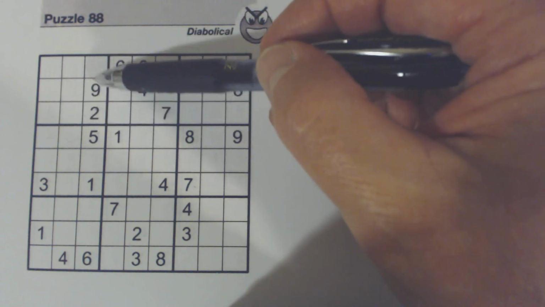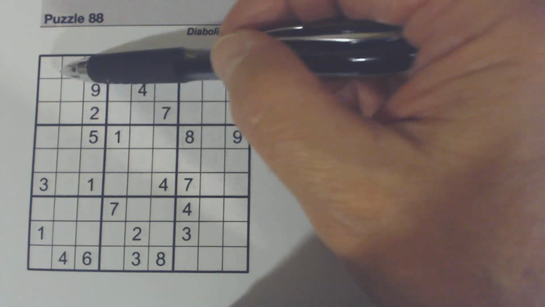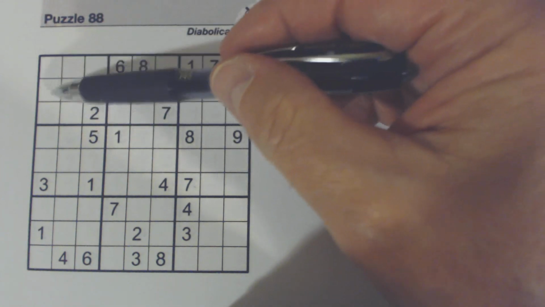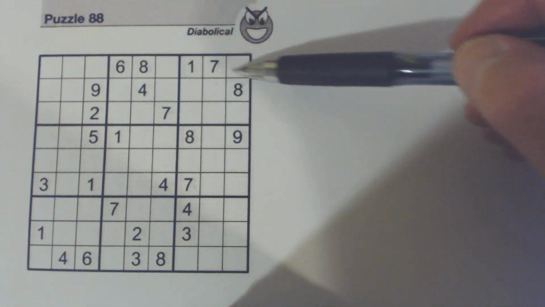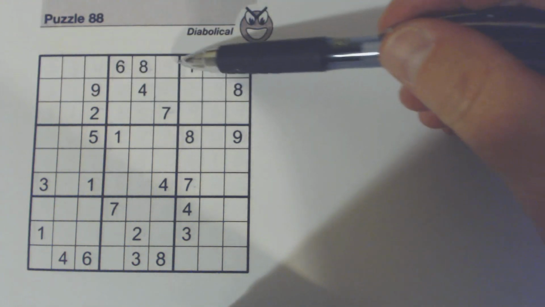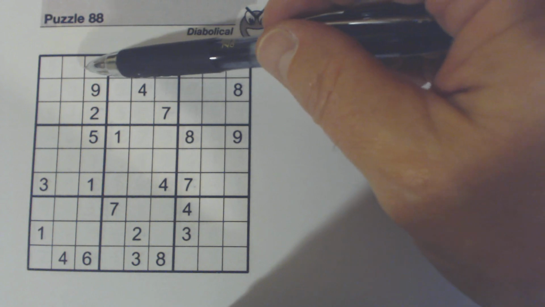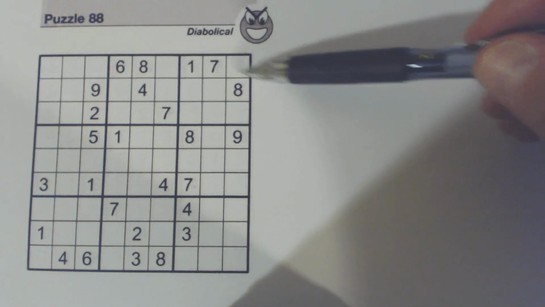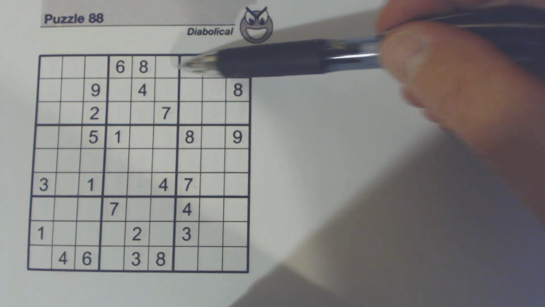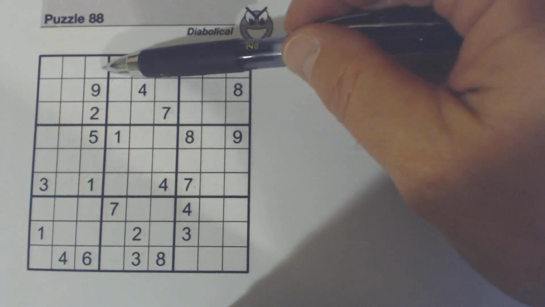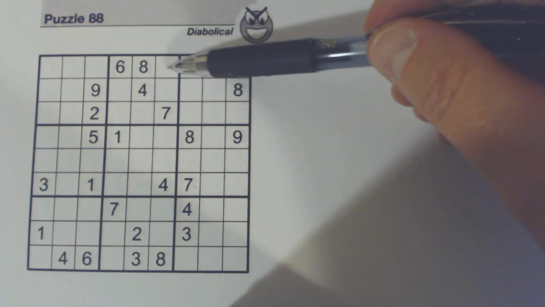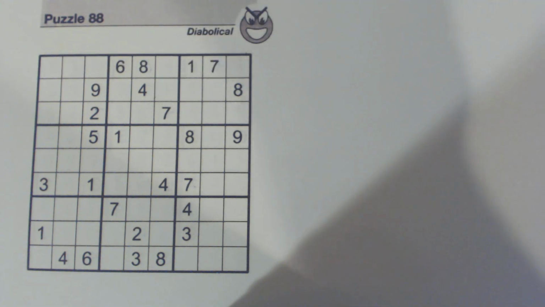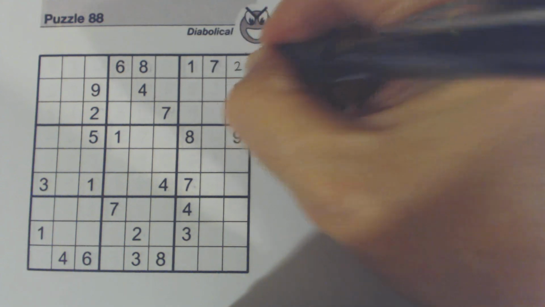Now we can't solve those either, but that gives us more information about this puzzle. And look at this row right here. We know every number except for these 2 now. Let's see what these 2 numbers are. 1, 2, 3, 4, 5, 6, 7, 8, 9. 2 and 9. And we can solve those.